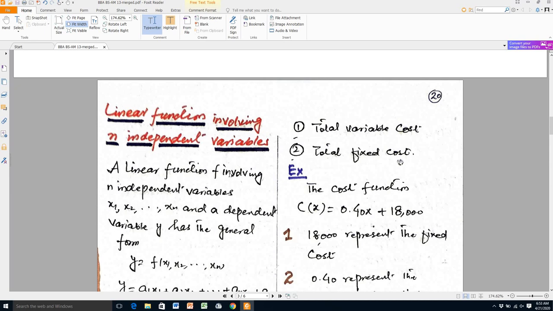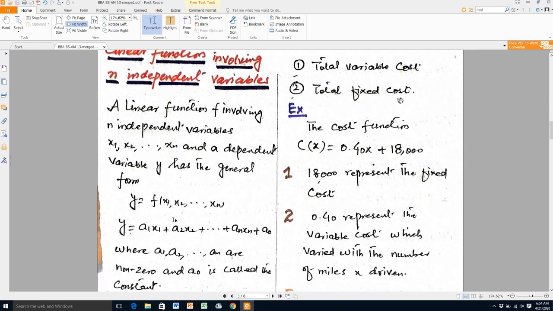So a linear function f involving n independent variables, let's say their names are x1, x2, so on xn, and a dependent variable y, has the general form.